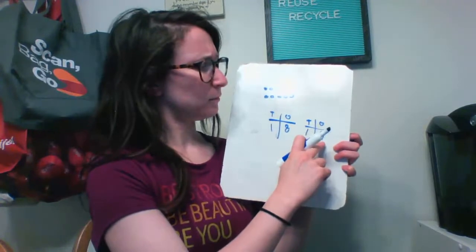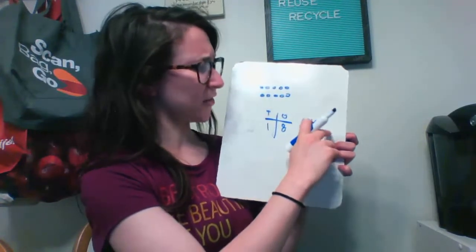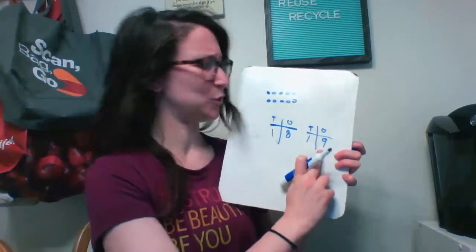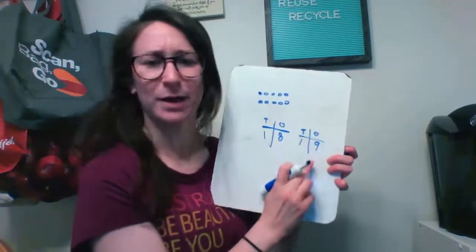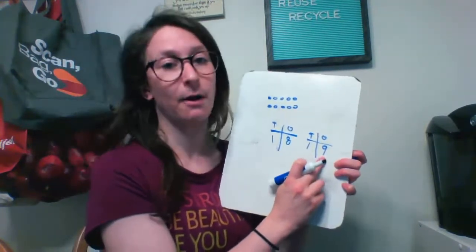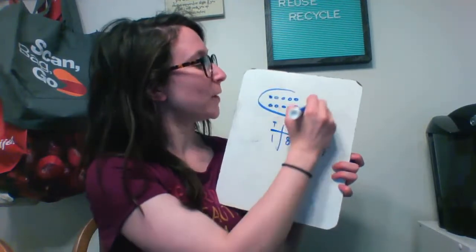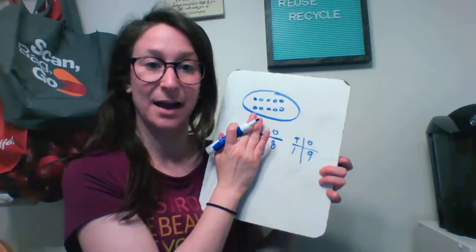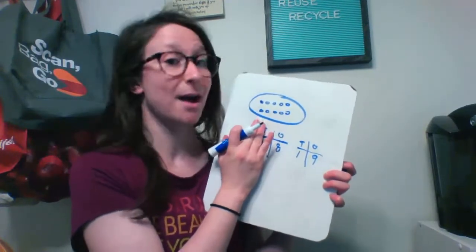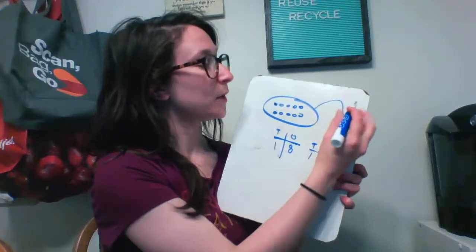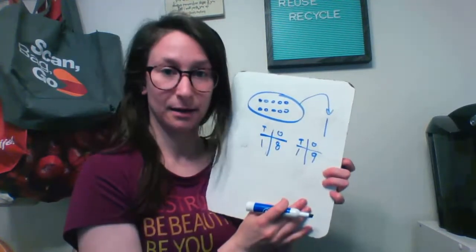We don't make another numeral or number in our ones place. We don't put two numbers inside of our ones place. We only use 0 through 9. So that means that whenever we have more than 9 dots in our ones place, we make a new 10 stick.